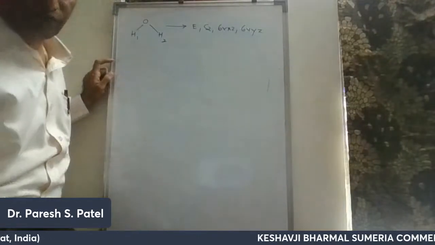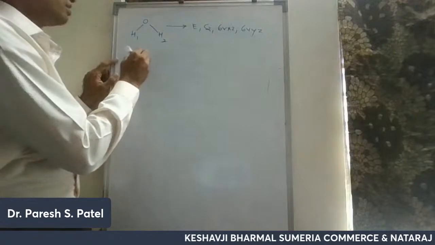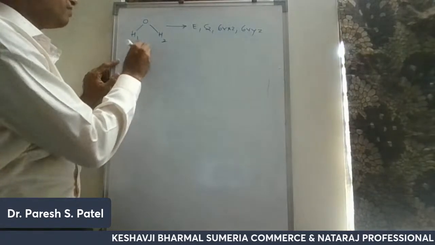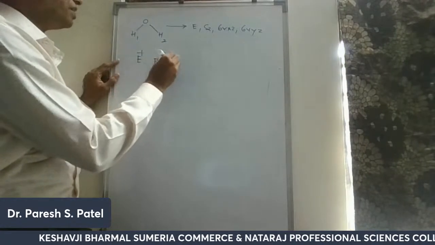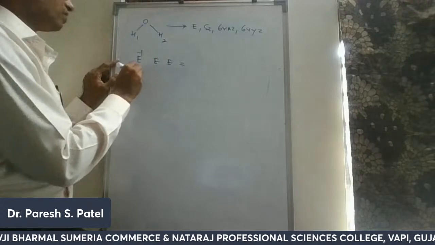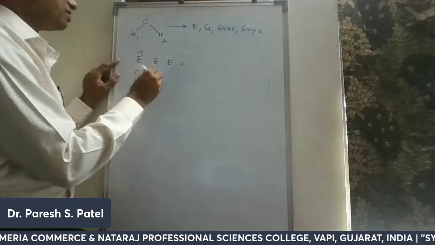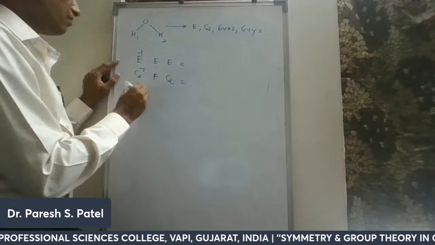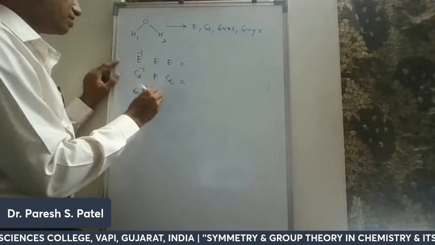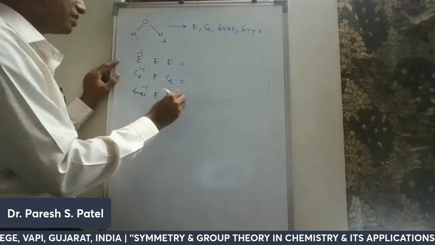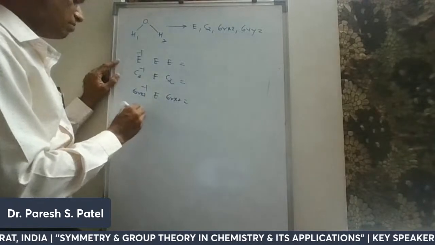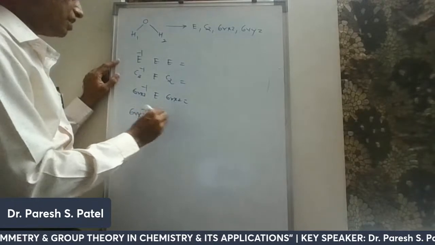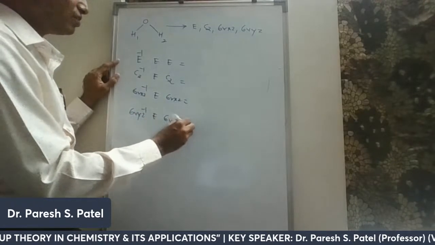So let us start first with the conjugate property: E inverse E into E is equal to, C2 inverse E into C2 is equal to, sigma Vxz inverse E into sigma Vxz is equal to, sigma Vyz inverse E into sigma Vyz is equal to.